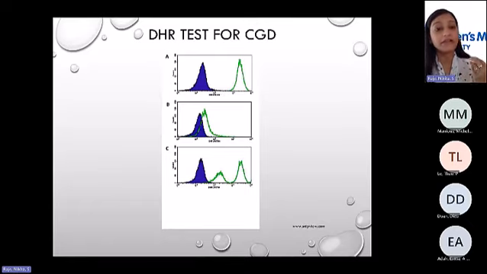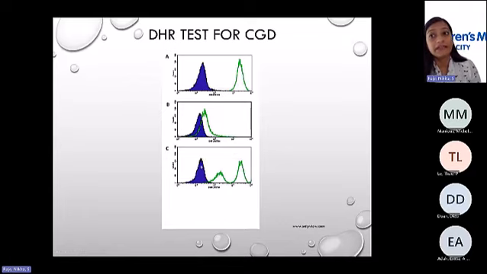And once they are stimulated, if they have an oxidative capacity, the tagged cells with dihydrorhodamine are going to be oxidized. The DHR is going to be oxidized to rhodamine, and the rhodamine is fluorescent, so there should be fluorescence if there is good oxidative burst. And so the histogram shows if there is fluorescence, which means there is good oxidative capacity, the graph will shift, and that shifting is showing the fluorescence. If a person has CGD, the fluorescence is not going to be there, so there is no shifting of the graph, and that tells you that the patient has CGD.